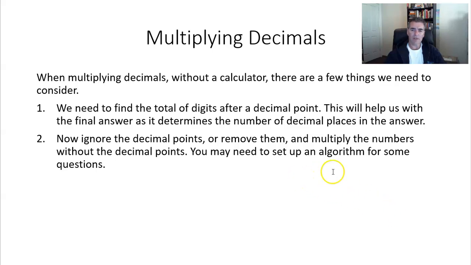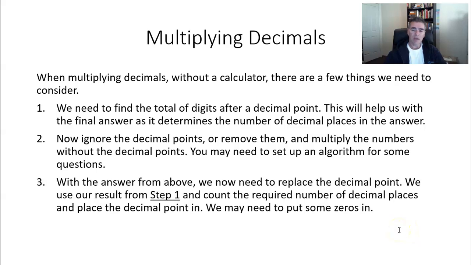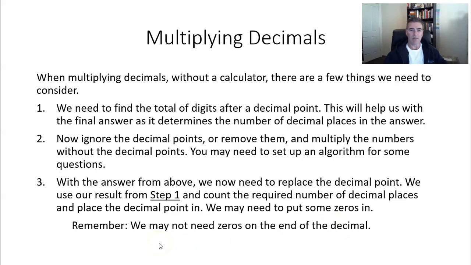And you might want to set up an algorithm for some of the questions because it might make things easier there. And the third thing is once we have our digits that we think the answer are, we go back to our step one, find the number of decimal places we are meant to have, and put those in the correct spot. So there are our three steps, and we're going to follow those as we go through some examples.